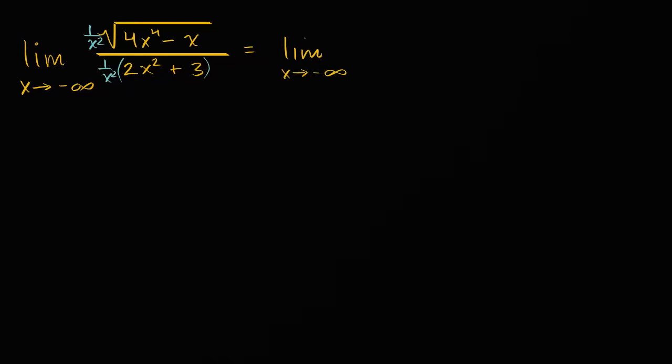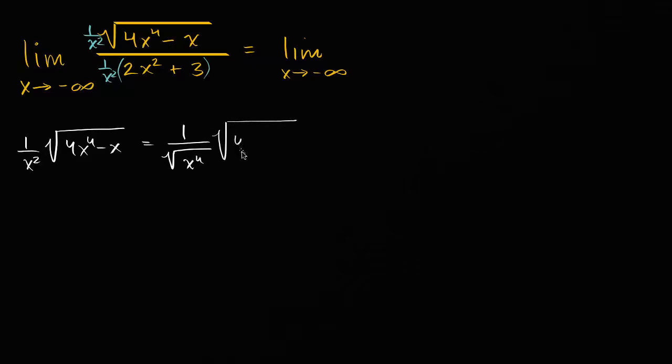If I have 1 over x squared times the square root of 4x to the fourth minus x, like we have in the numerator here, this is the same thing as 1 over the square root of x to the fourth times the square root of 4x to the fourth minus x. And so this is equal to the square root of 4x to the fourth minus x over x to the fourth, and all I did is I brought the radical in here.